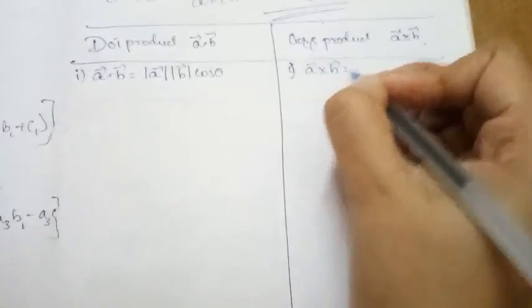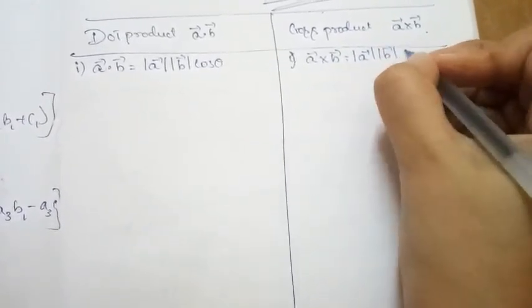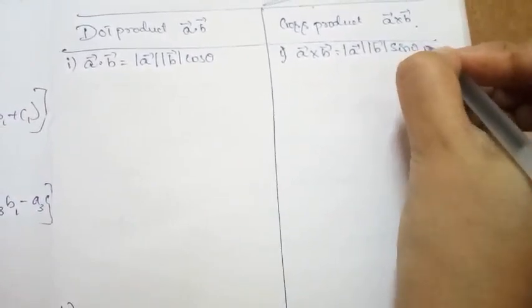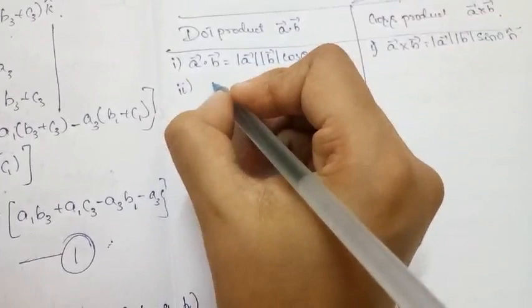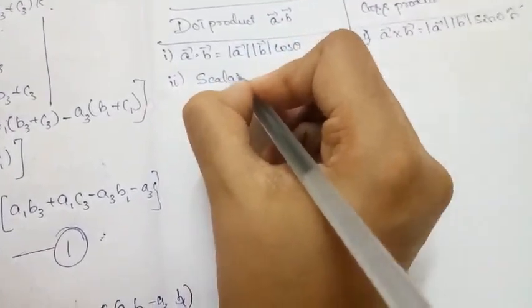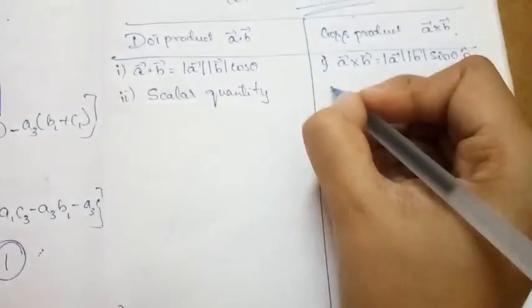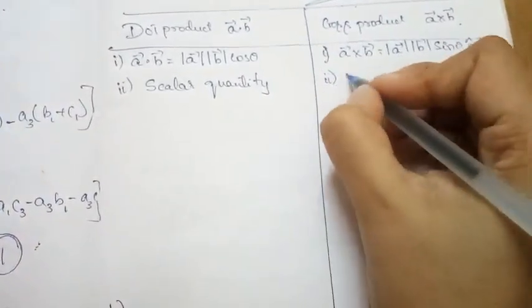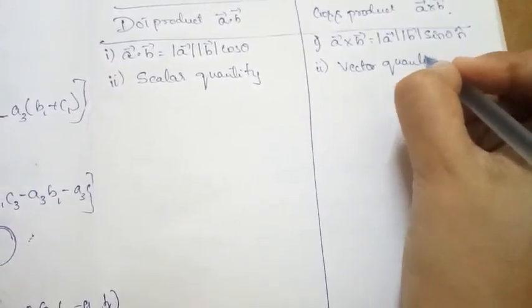Vector A cross vector B is the magnitude of A, magnitude of B, sin theta n cap. And clearly the dot product is a scalar quantity, but the cross product is a vector quantity.